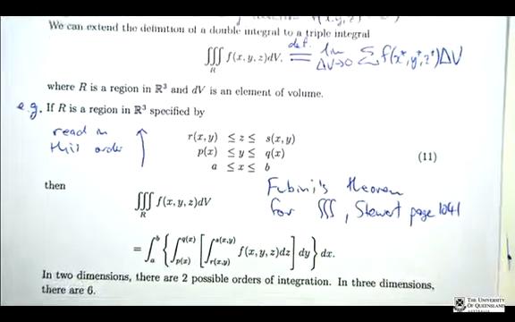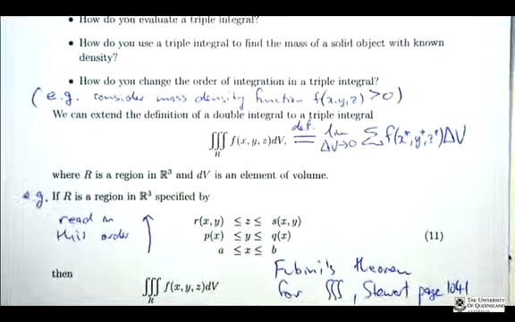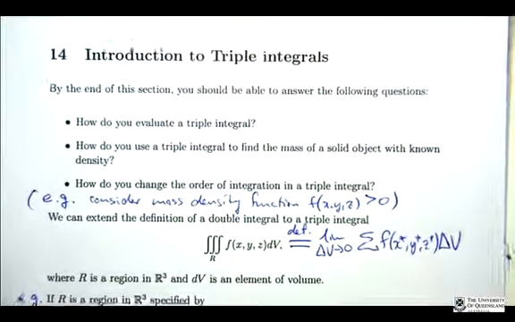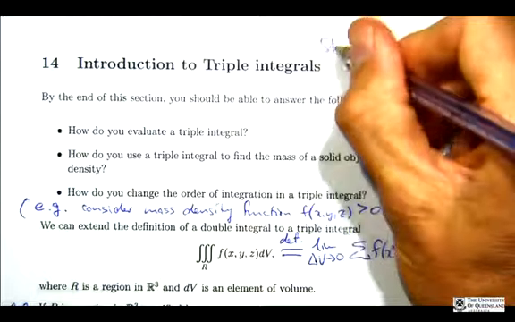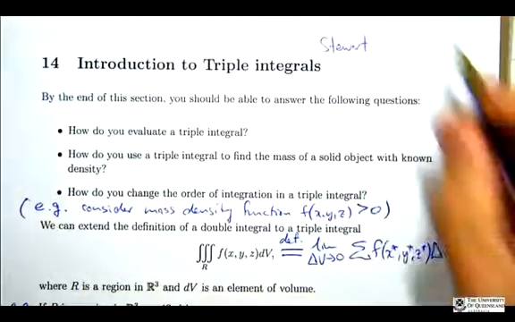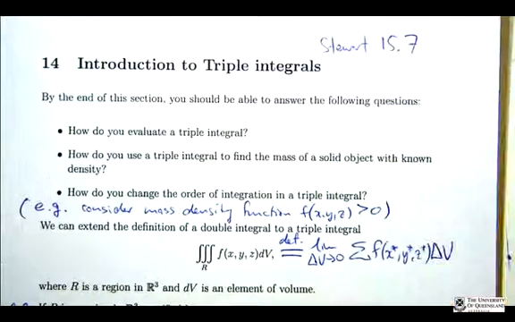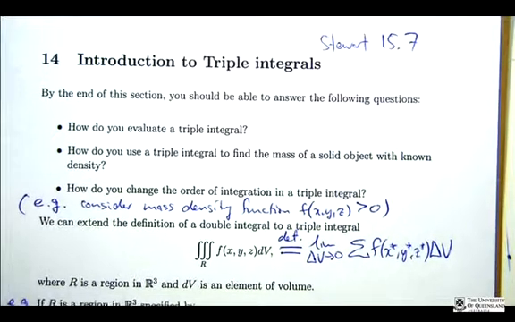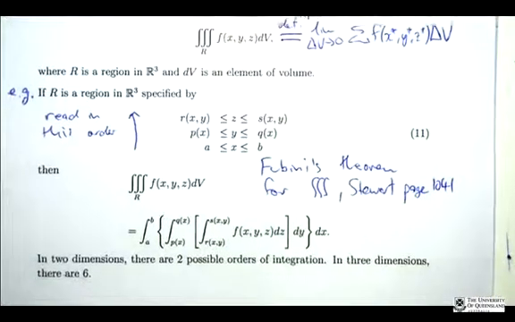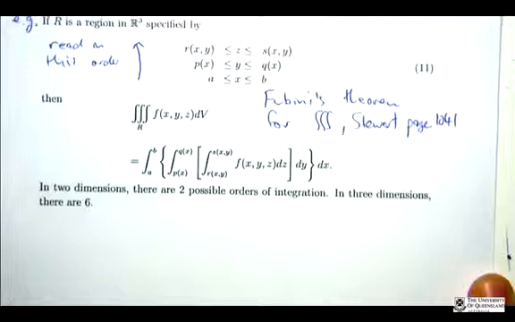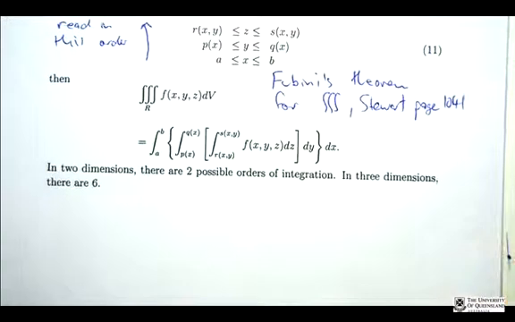In fact, while we're talking about the textbook, let me scroll right back up to the top for a moment and make a reference: triple integrals are covered in Stewart section 15.7. Chapter 15 is all about multiple integrals, so double integrals and triple integrals and various applications. 15.7 is all about this introduction to triple integrals, and more specifically, Fubini's theorem is covered on page 1041. In my lectures, I keep giving you these references to Stewart, so it's well worth having a look at those.